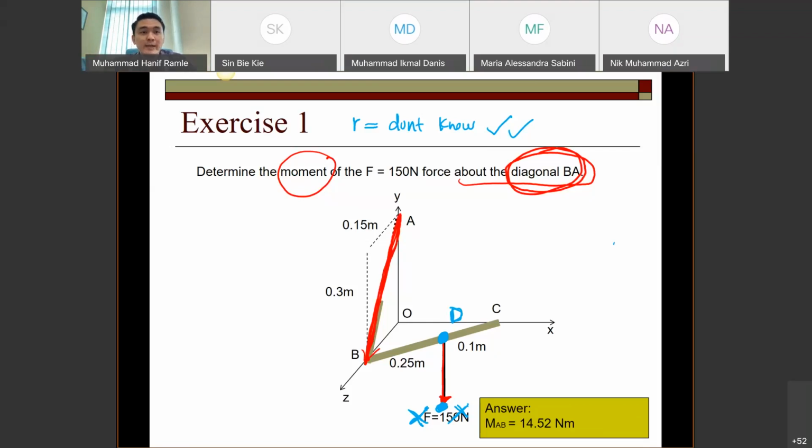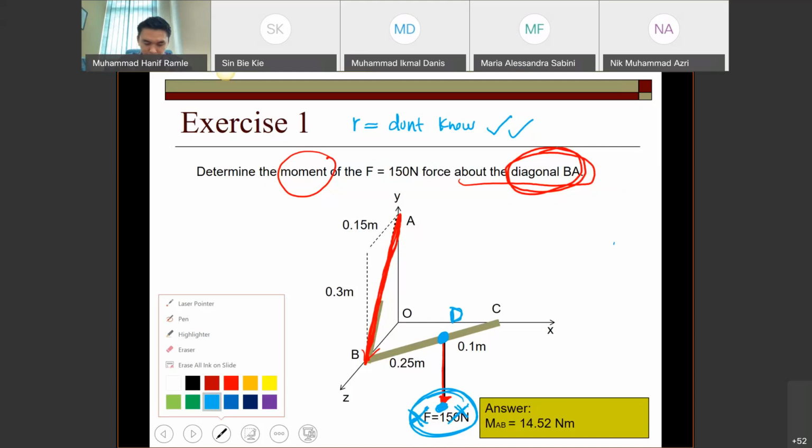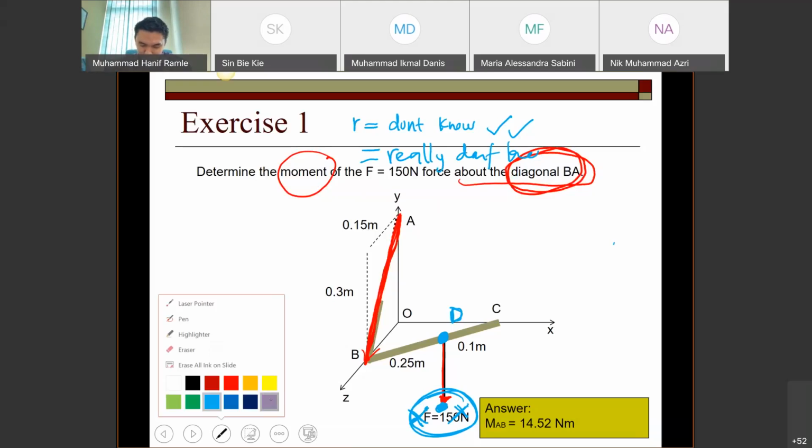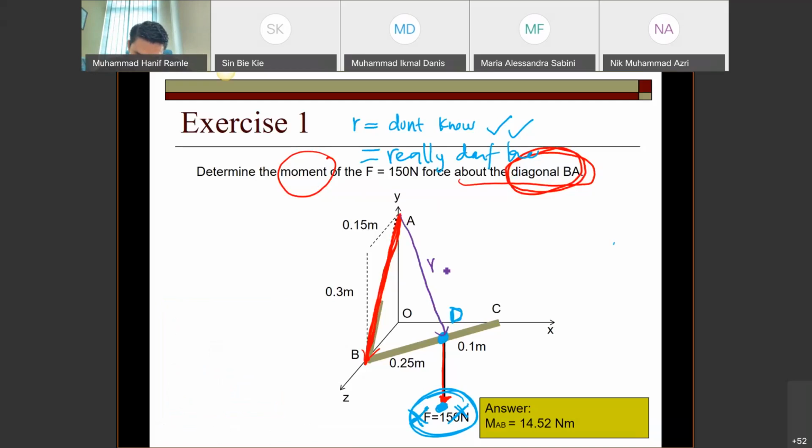So for this case, there are only 2 R, because the point at the force is only one, which is D. This one we cannot calculate because we don't have any information on it. So R is 2: RAD from A to D, or RBD from B to D. We have 2 available R, and we can choose either one later on.